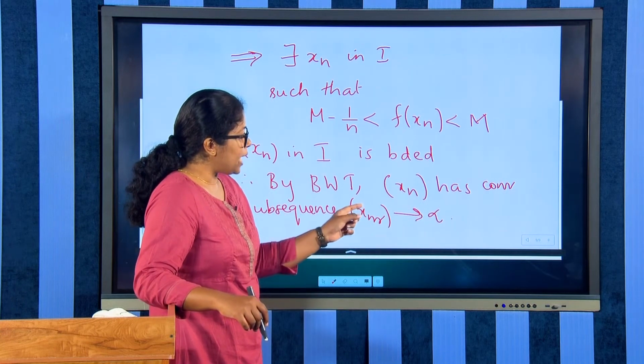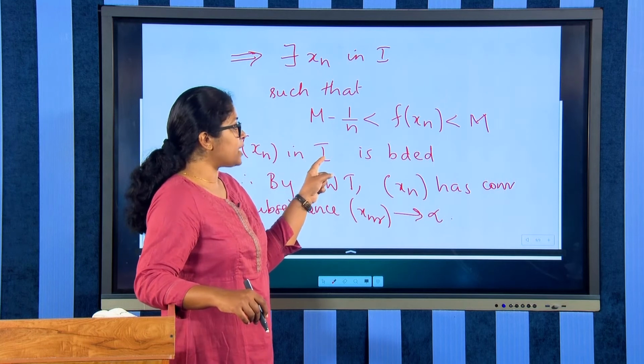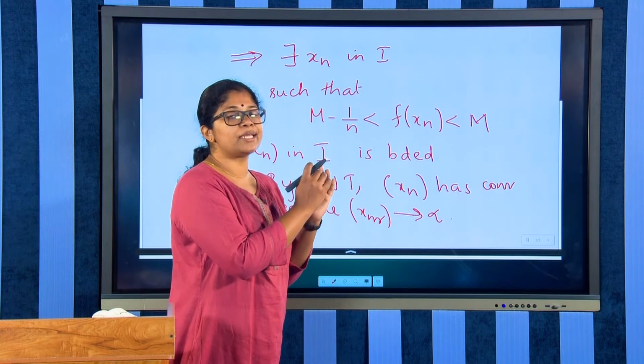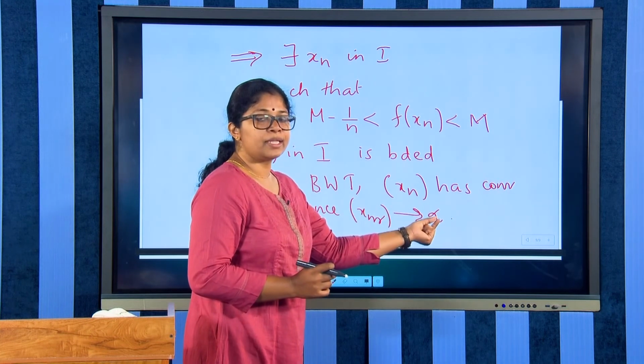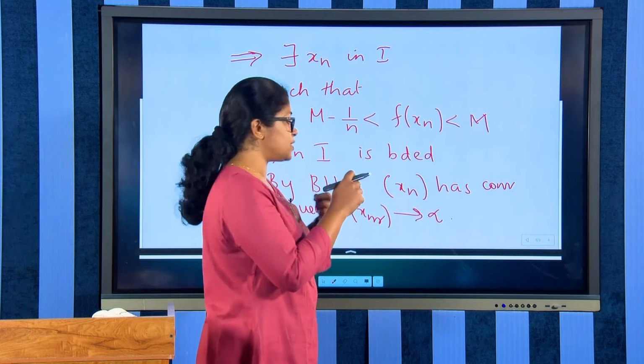Now xnr is in I, and I is not only bounded, it is closed also. What is the peculiarity of closed sets? Whenever you have a limit, that limit should belong to the set. That is the meaning of a closed set.